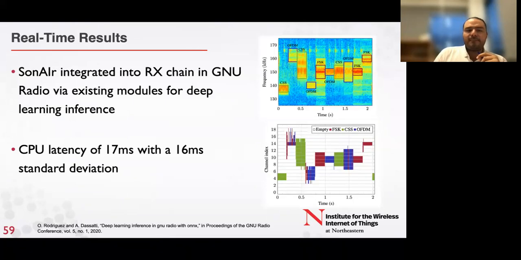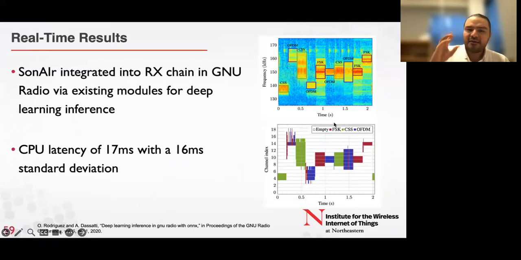We have moved the architecture into GNU Radio using the ONNX libraries that are explained in the cited paper down there. In real time, running GNU Radio with these modems, we can detect what physical layer at what bandwidth, and then spit it out from a spectrogram in real time that you're seeing. This was recorded in real time.